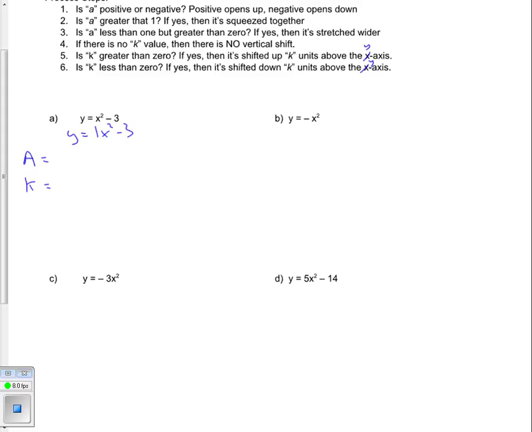So the a value is equal to positive 1, and the k value is equal to negative 3. Because the a value is positive 1, it opens up. There's no change at all to the shape of the parabola. And it's been shifted down 3 units.